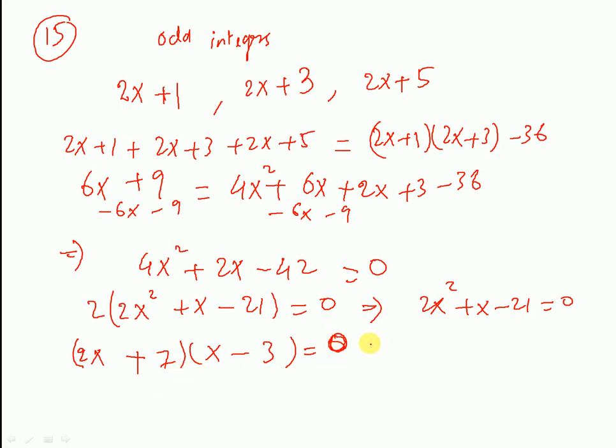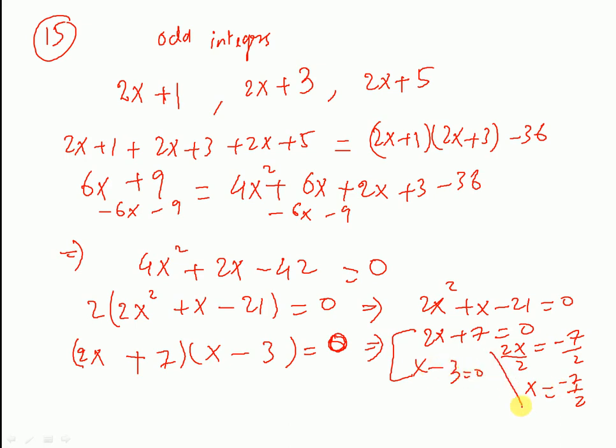And this equation is true when these two factors equal 0. You can move 7 to the right side and divide by 2 on both sides. You have x to be minus 7 over 2, and for this one, you add 3 on both sides, and that gives you x to be 3.